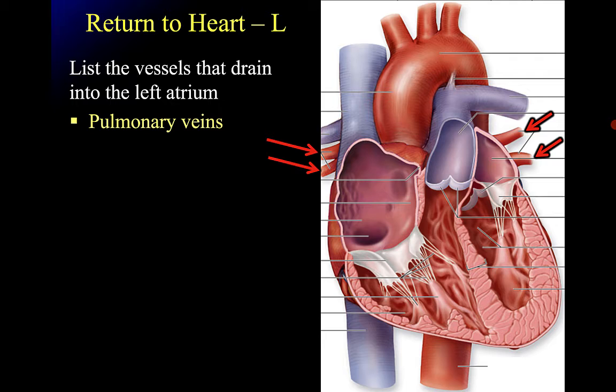Now, in the systemic circuit, that means all of the arteries will be red and the veins will be blue. But the pulmonary circuit and fetal circulation are going to be different. So the pulmonary circuit has the opposite coloration of the systemic circuit. In the pulmonary circuit, the arteries, which we see as the pulmonary trunk, and the left and right pulmonary arteries, those are all in blue, and the pulmonary veins will be shown in red.